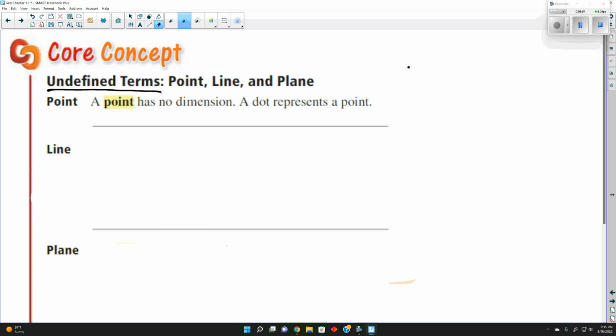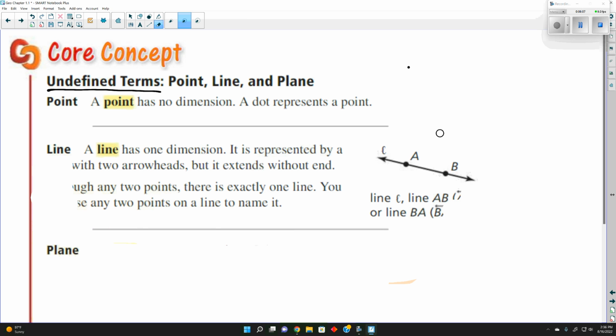Does that make sense? Now, the next one is a line. Now, this might seem a little weird. Why is a line considered to be undefined? A line has one dimension. You don't have to write all this down as long as you get an understanding of what we're talking about, because most of this you wrote down yesterday. A line has one dimension.